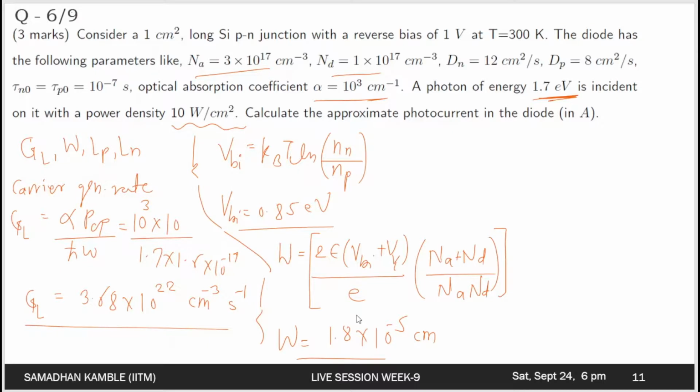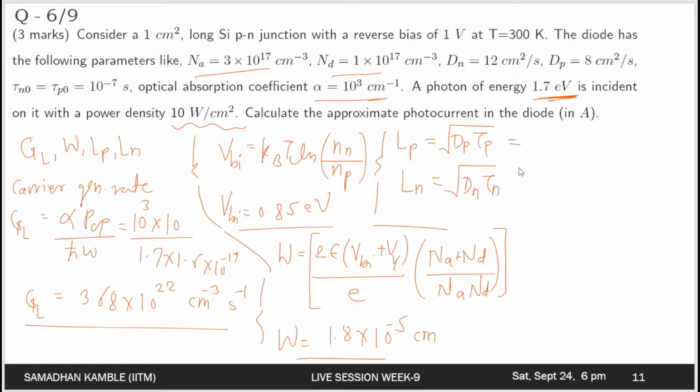Sorry, 0.18 micron. Okay, so diffusion lengths also need to be found out. We know the formula, we have seen it already. In terms of Dp and tau p, it is the square root of Dp tau p, and Ln in terms of Dn and tau n.